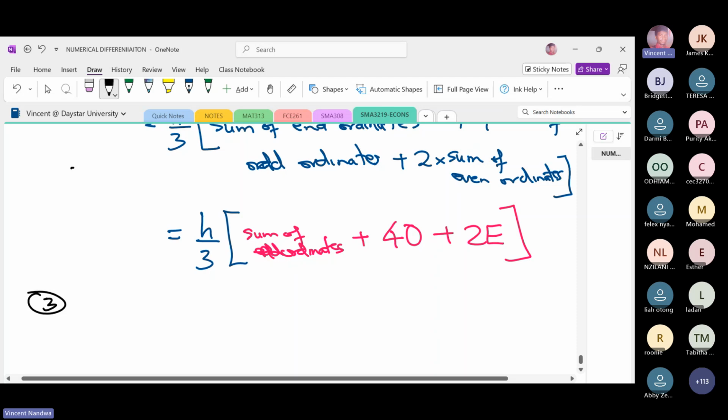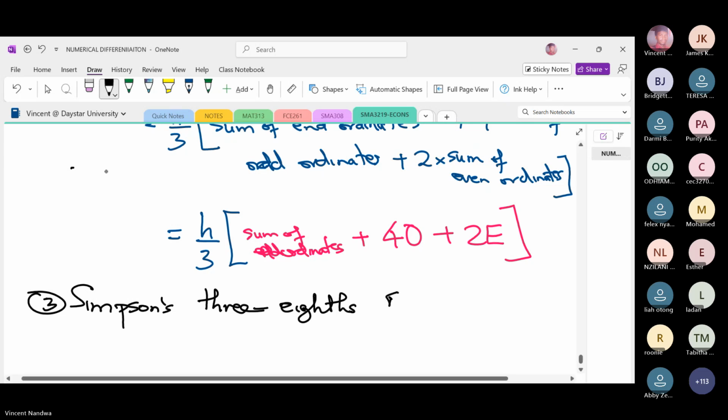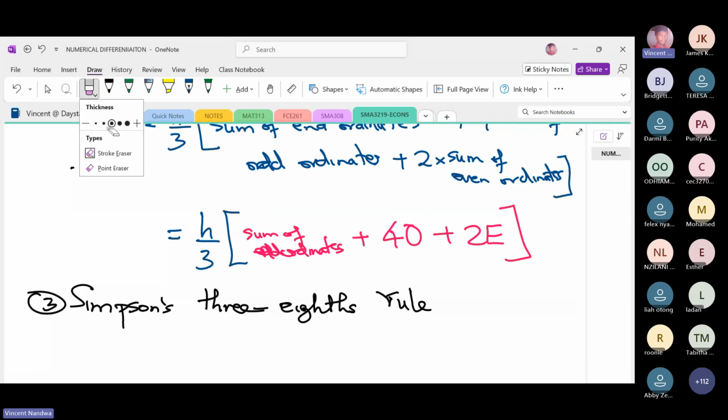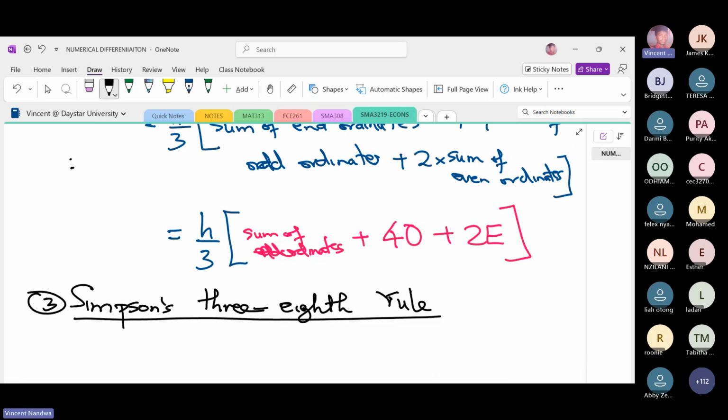Then the next is what we call Simpson's 3/8 rule. So the condition for this, even before we start, is that the number of intervals should be multiples of 3.